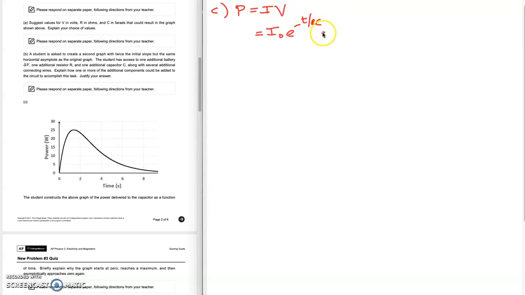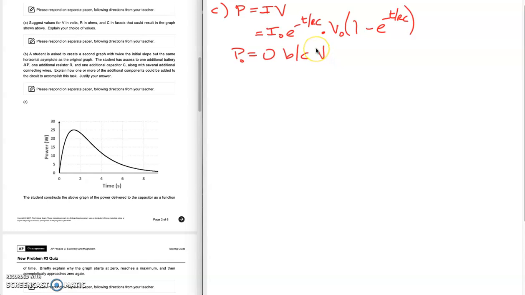And for the voltage, this is going to be V naught times 1 minus e to the minus t over RC. So the initial current, when you plug in 0, is going to be a maximum, but the voltage is at 0. So 1 minus 1 gets a 0. So P naught is equal to 0.